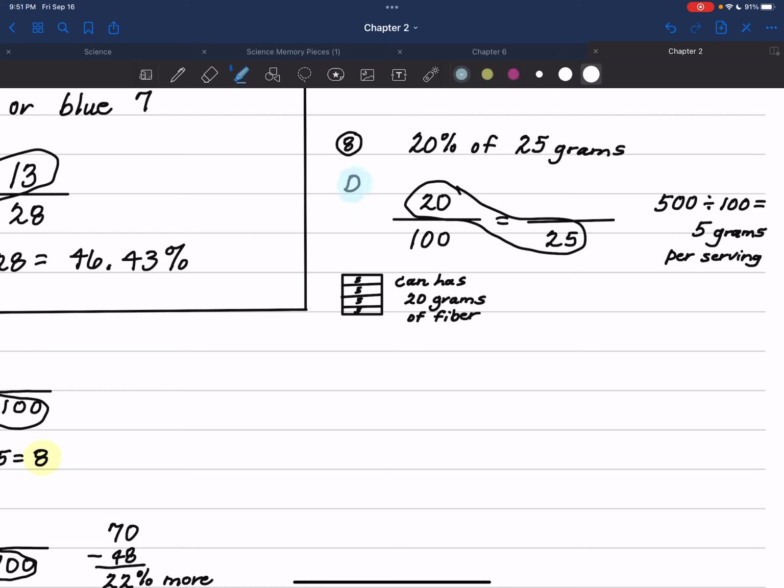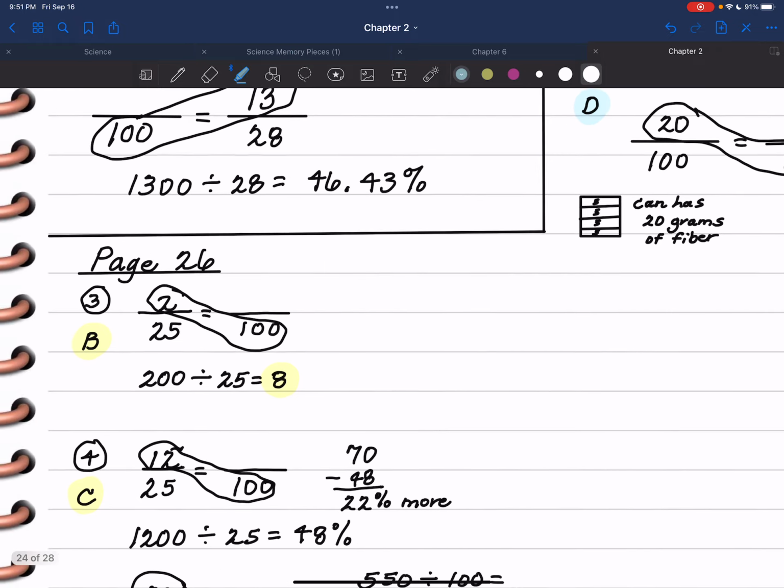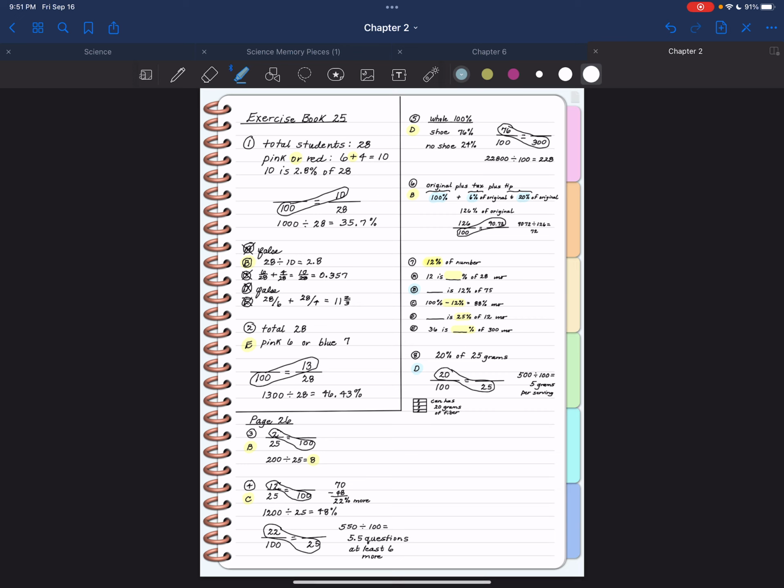And I am to the end of this page, so let me check my answers. This is page 26. 3 is B, as in boy. 4 is C. 5 is D. 6 is B. 7 is B. And 8 is D. So we have those problems correct to this point.